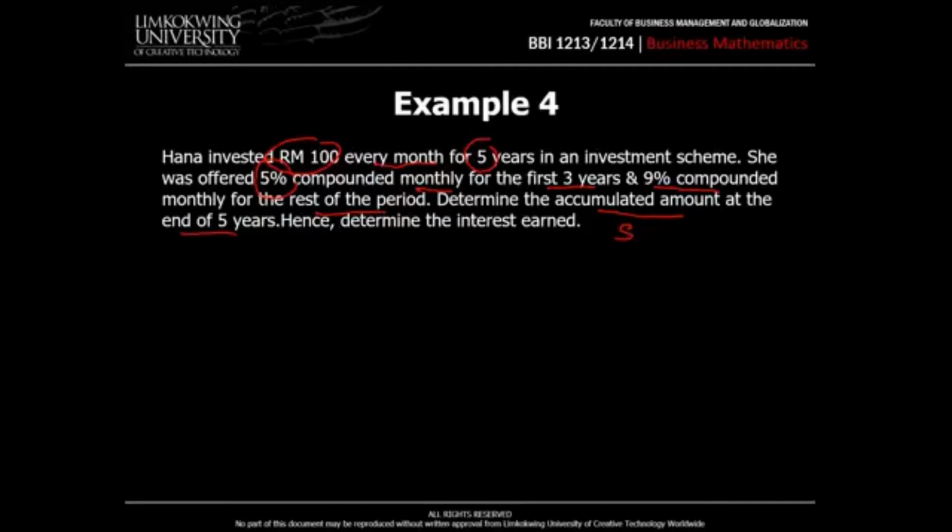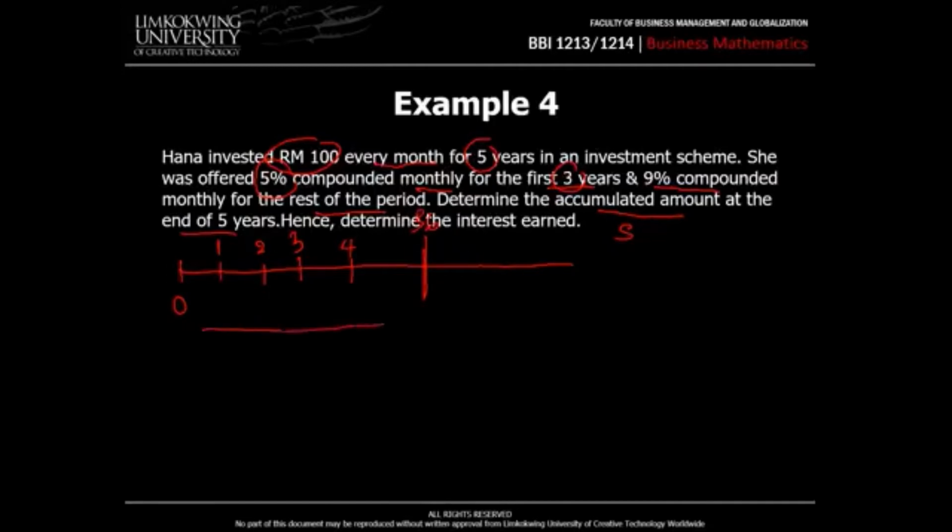Okay, and this is also two parts. Start with 0 and then 1. First month, second month, third month, fourth month, until how long? She was offered 5% compounded monthly for the first 3 years. So in 3 years, how many months? 36.